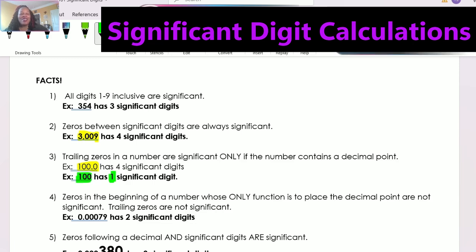Now, on this next part, rule number 4 says zeros in the beginning of a number whose only function is to place the decimal point are not significant. Trailing zeros are not significant. So think of it this way. The zeros that come before, so think of it as these are the zeros here that you see at the very beginning of a number, right?